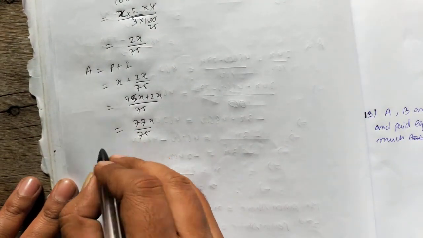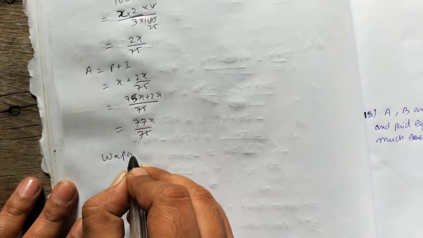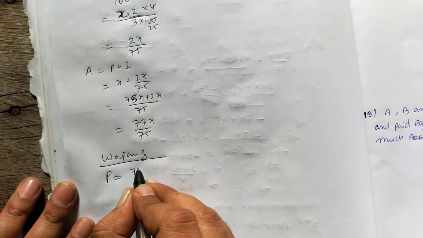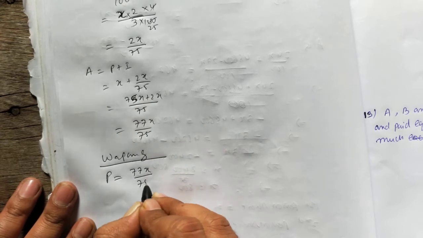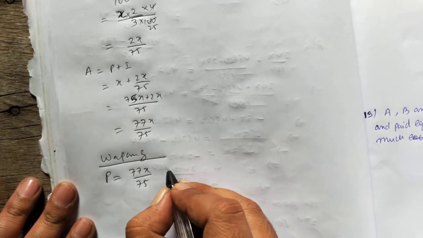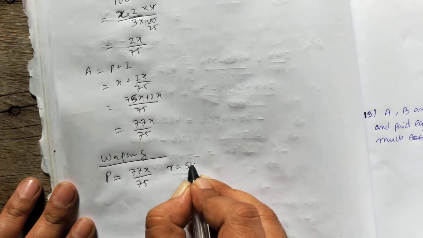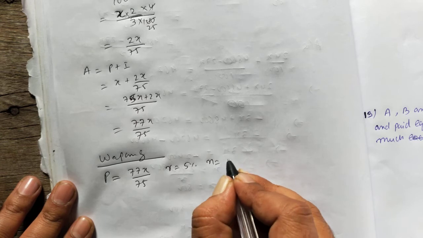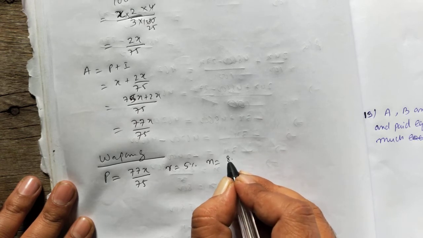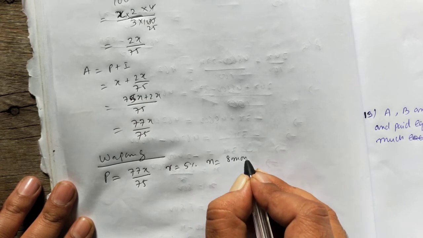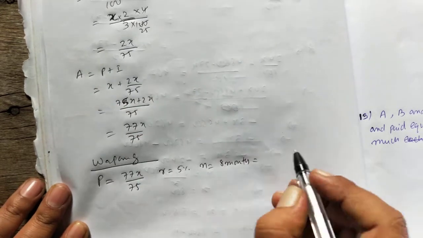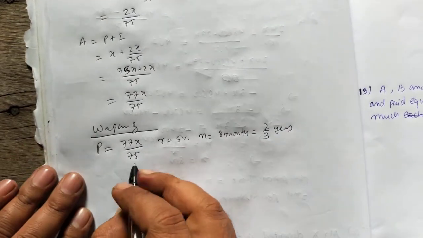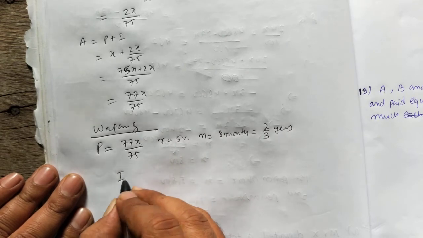is given to the other person, to Wapang. So for Wapang, the principal will be this one, and rate of interest is 5%, and time is 8 months. 8 months means, which we have calculated, 2 by 3 years. Now find the interest.